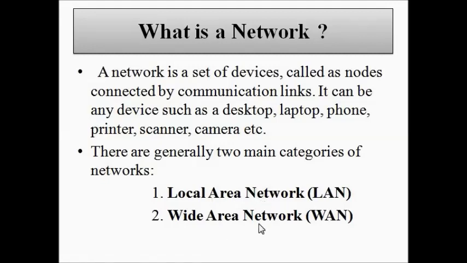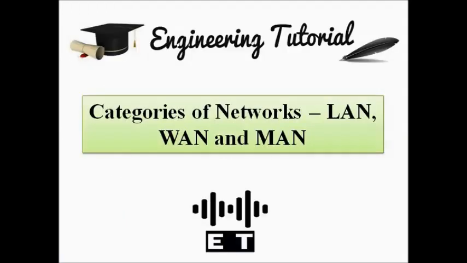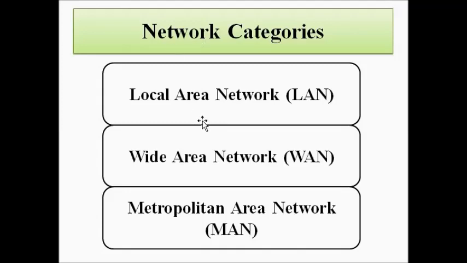And apart from these two, there is another network category which is called the metropolitan area network. So we'll be discussing these three network categories. As I said, in terms of geographical coverage, networks are of three types: local area network, LAN, wide area network, WAN, and metropolitan area network. We'll be discussing each of these separately here.